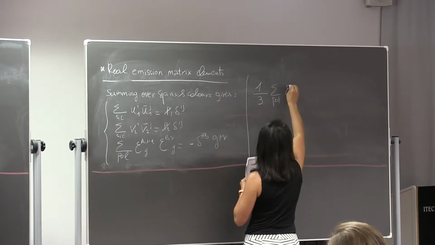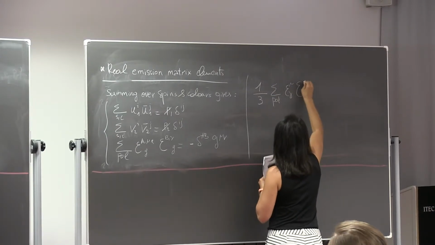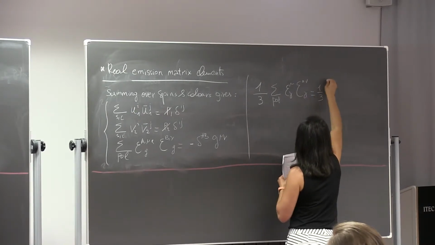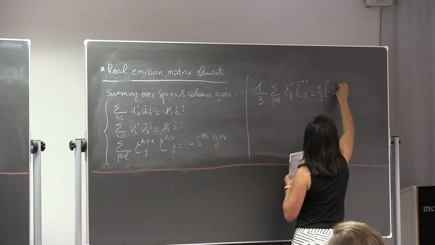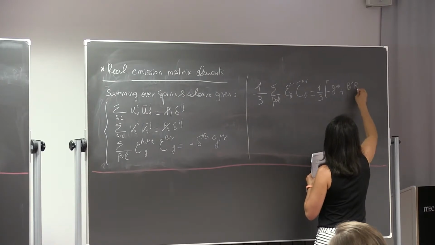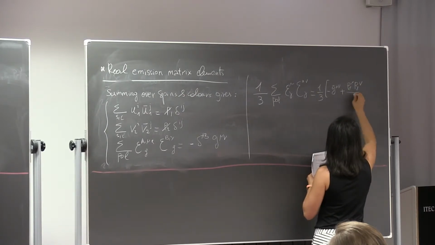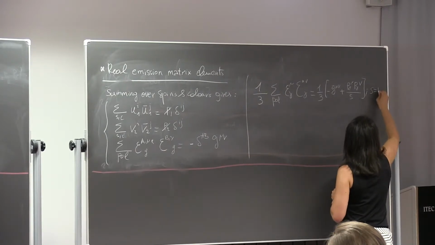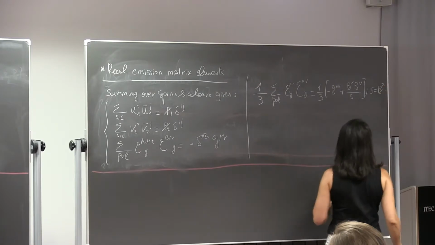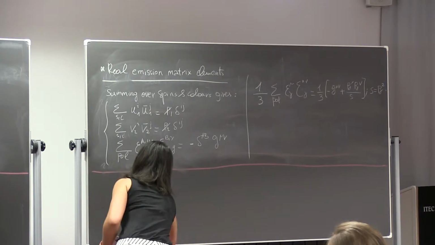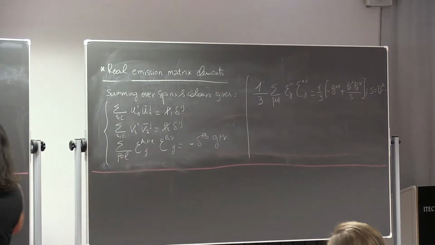So we have epsilon gamma mu, epsilon star nu gamma is just 1/3 times minus G mu nu plus P gamma mu P gamma nu over S, where S is just the square of the momentum of the photon. If you wish, it's the mass of the off-shell photon. So we just have to plug in all these relations in here, and that's what will give us a trace.